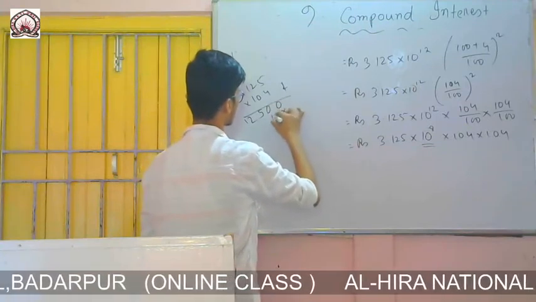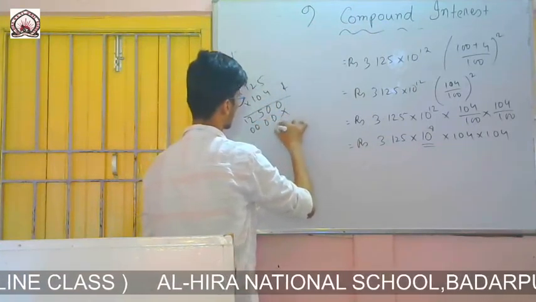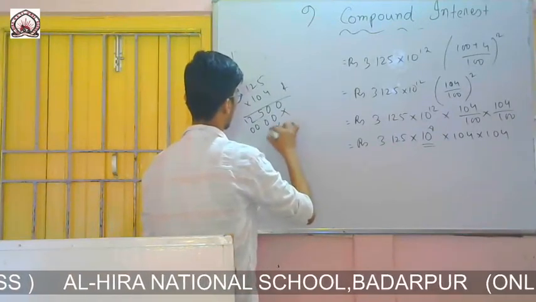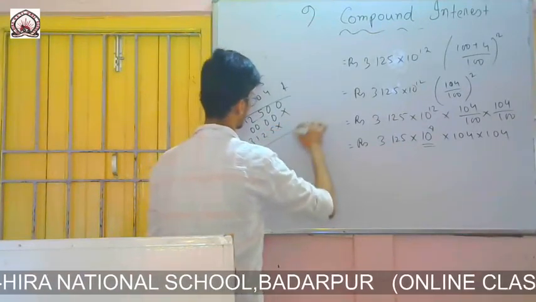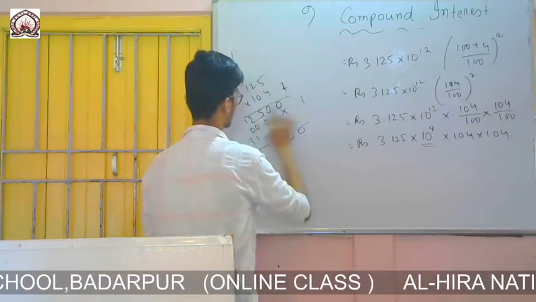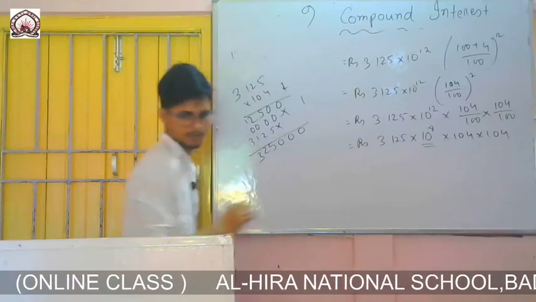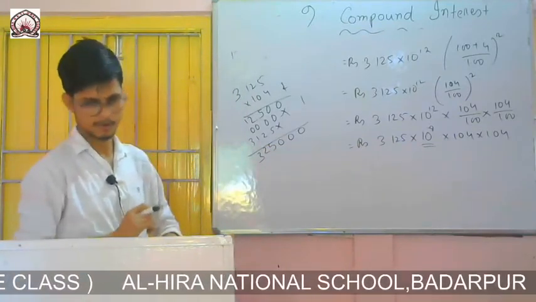Then 0, how many, 1 2 3 4, then again multiplying, 3 2 5 triple 0.